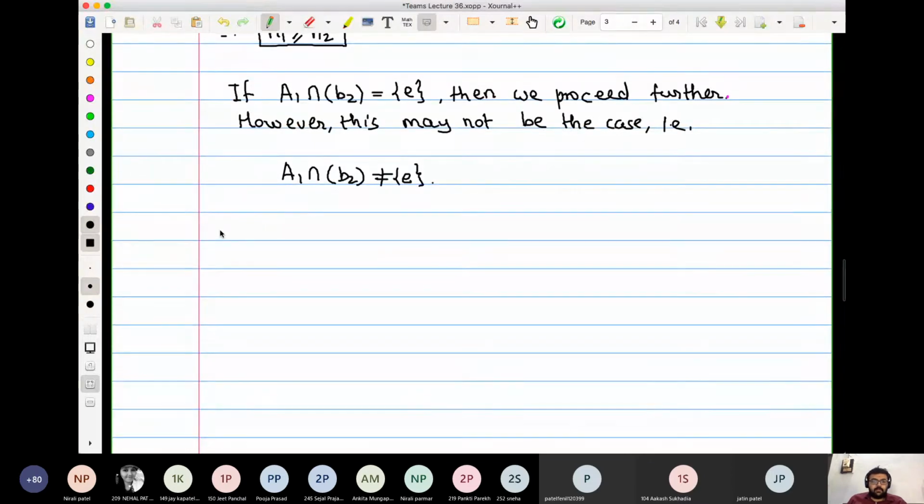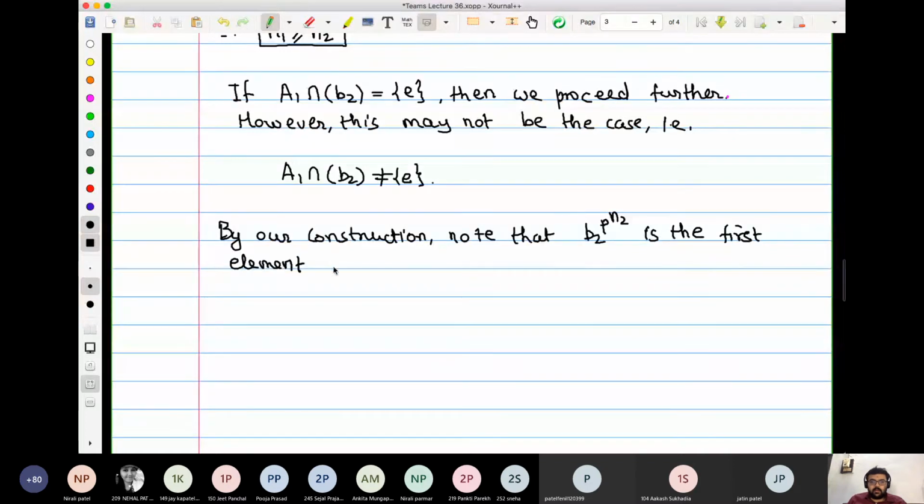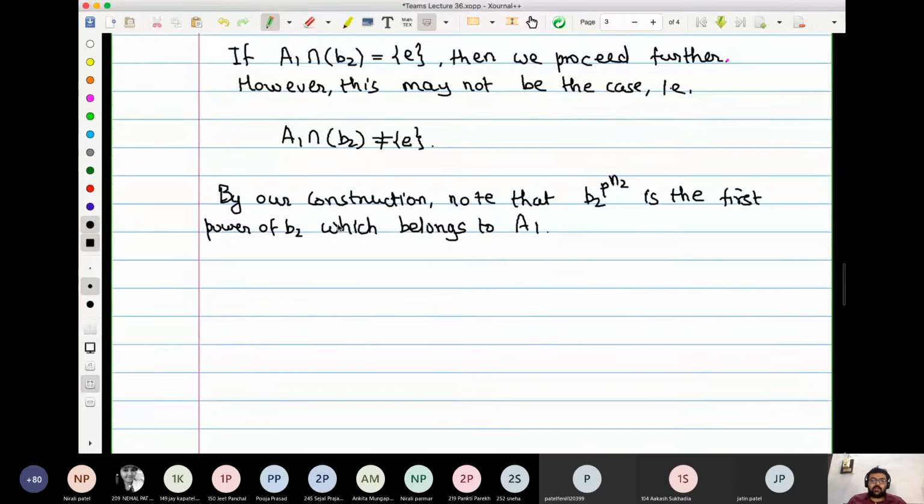So by our construction, note that B2 power P power N2 is the first element, the first power of B2, which belongs to A1 by our construction.